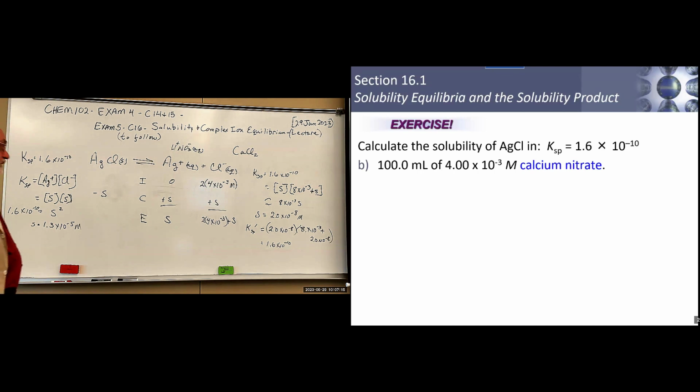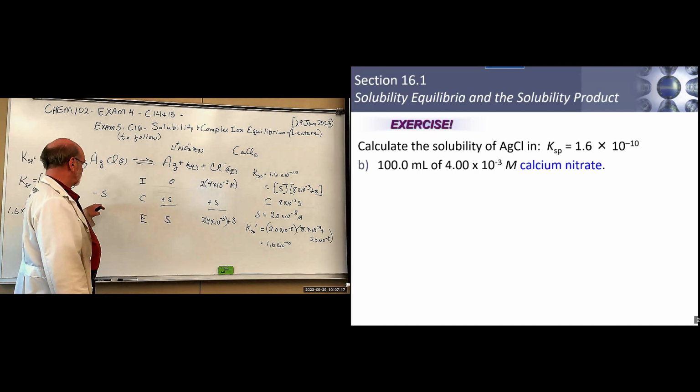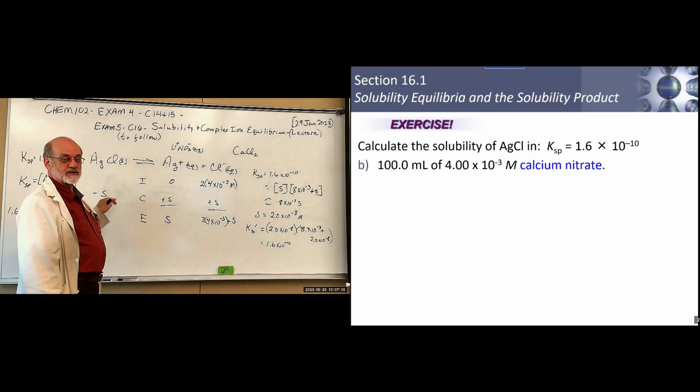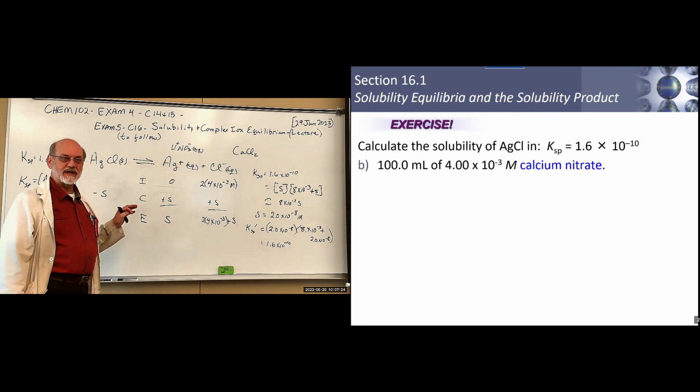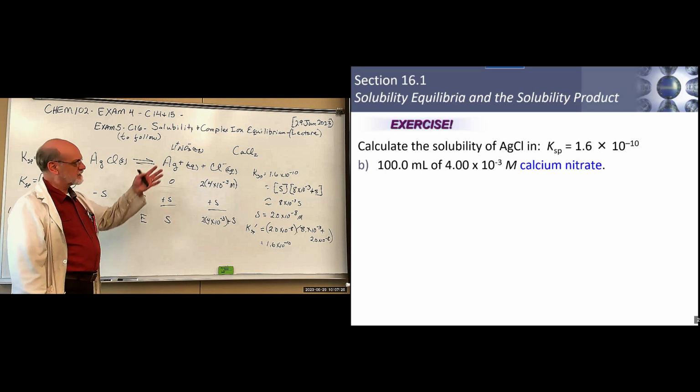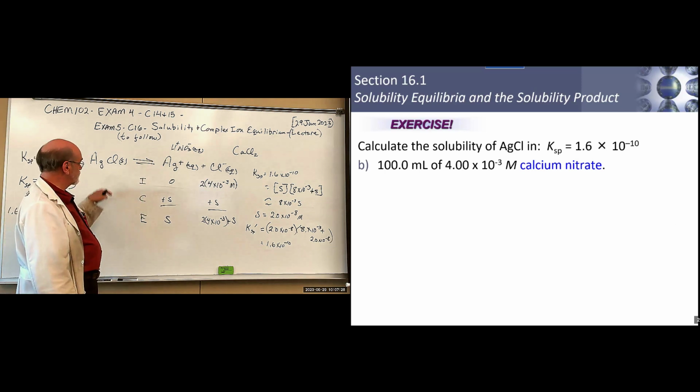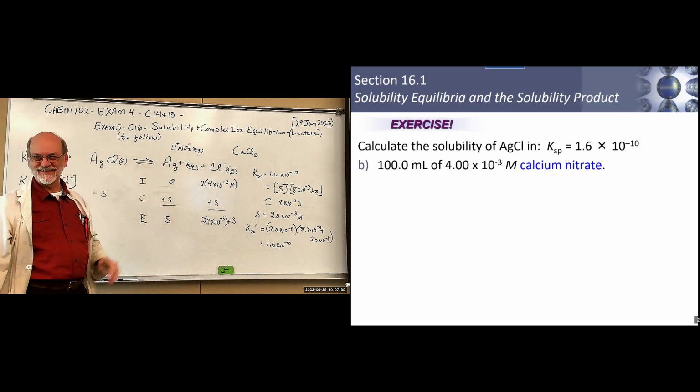Now, of course, if we have 100 liters, the solubility in molar terms is going to be the same. But 100 liters versus 100 milliliters is going to dissolve a lot more, right?